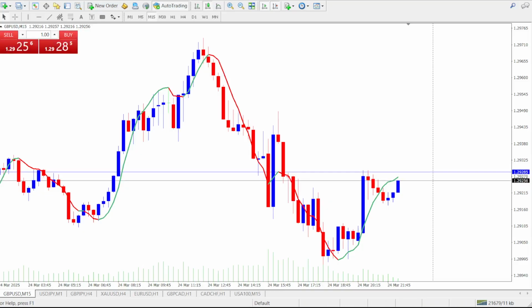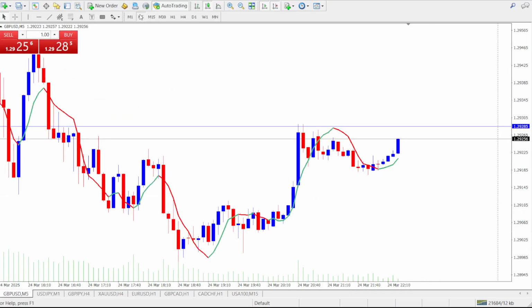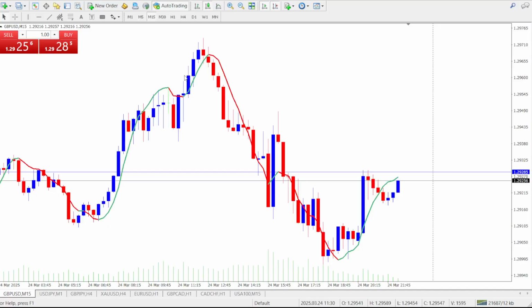The FX Sniper indicator is versatile and works for different trading styles. If you are a scalper, you can use this indicator on the 5-minute chart and the 15-minute chart for good trade setups.